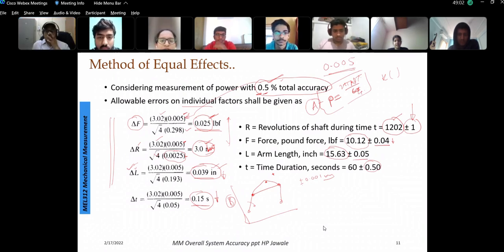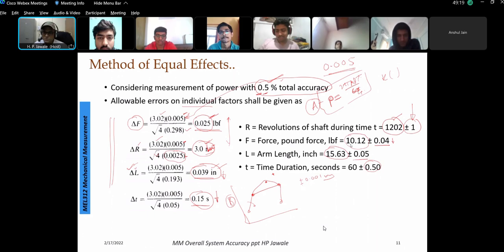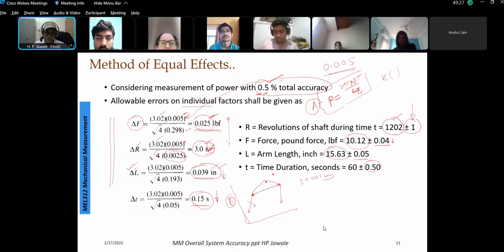Now, just something else to be discussed here. Again, I am catching your attention that this is a static measurement, or the static error calibration, or the static property of the measurement device. Here we assume that the number of revolutions during the test time is going to remain constant. The force that is applied for the given speed is going to remain constant, and so on.